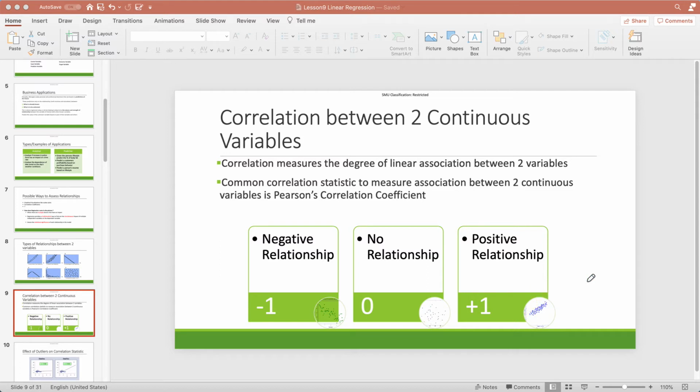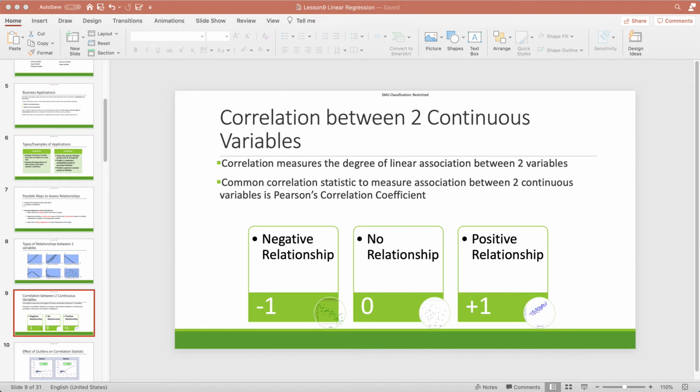So the Pearson correlation coefficient takes values between -1 and 1, where the closer the value is to 1, the stronger the relationship. And the sign of the correlation tells you whether it's a negative or a positive relationship. This is something that you already know.